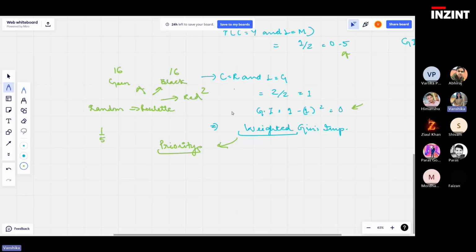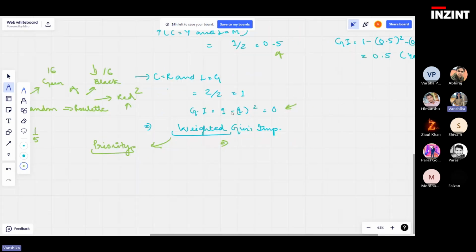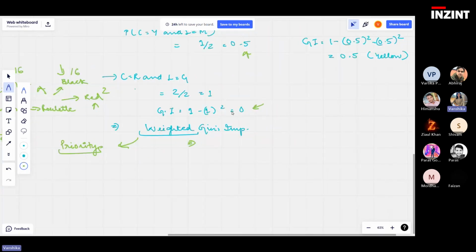If you have to create a function which randomly selects which color pocket the ball lands on, you would have to assign more priority to green and black and less priority to red. And we are doing the same here. While calculating the weighted Gini impurity, we are multiplying by their priority, which is directly associated with how many times these things occur, to calculate basically an aggregated or average value.